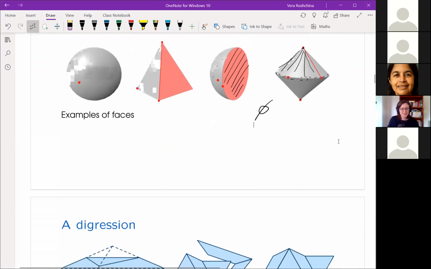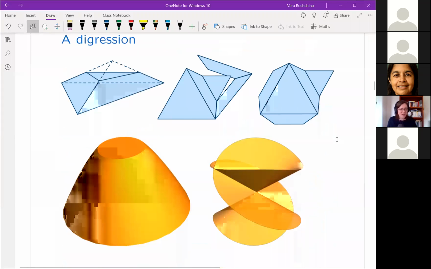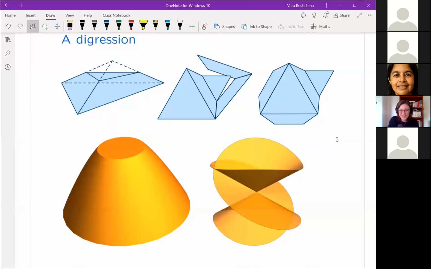Okay, so before I talk about my results about dimensions of faces, I would like to mention some open problems that are related to faces of convex sets and that are so simple in their formulation that you don't even need to go into general convex sets.